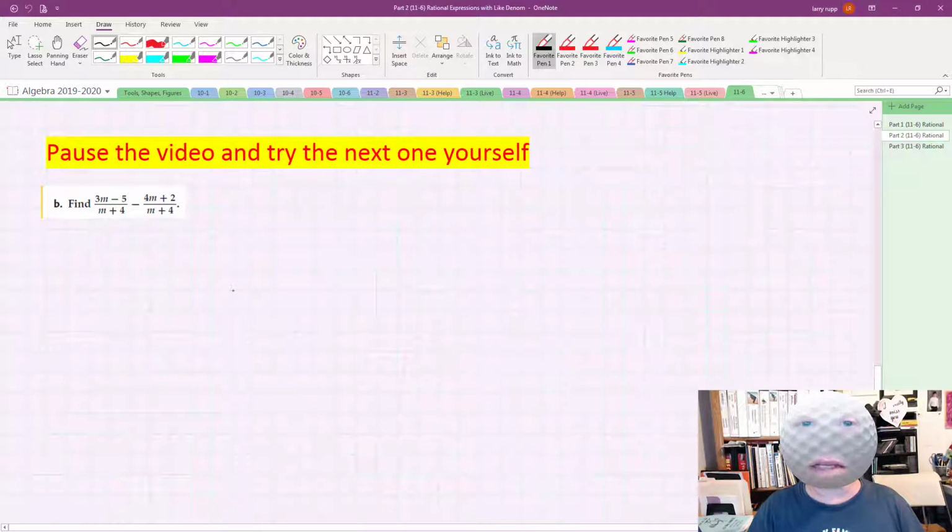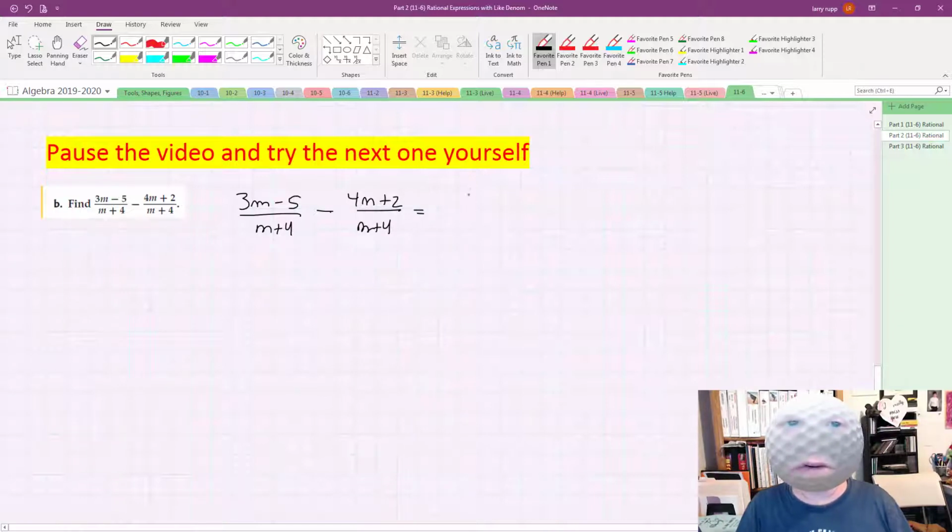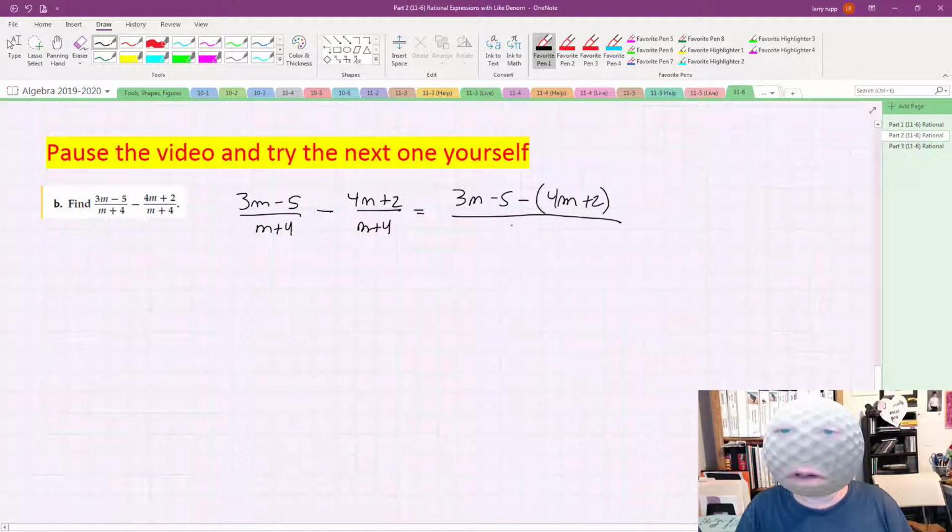All right, we're back. So we have 3m minus 5 over m plus 4 minus 4m plus 2 over m plus 4. So we're rewriting the numerator now over the common denominator. 3m minus 5 minus the quantity 4m plus 2 all over m plus 4.